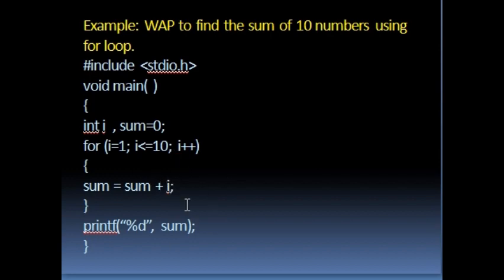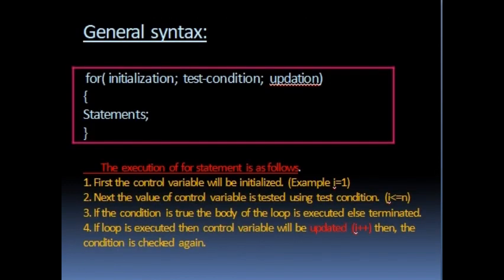What is the initialization? 1. So here they are saying that whatever you are taking here, sum = sum + i, and %d is nothing but a format specifier for the sum. What will be the output, they are saying here. If the loop is executed, then the control variable will be updated, i++.